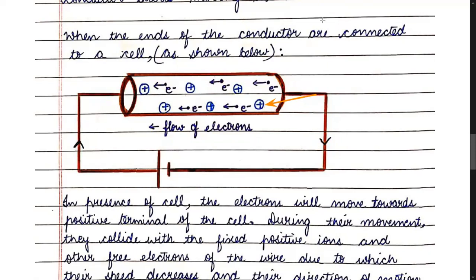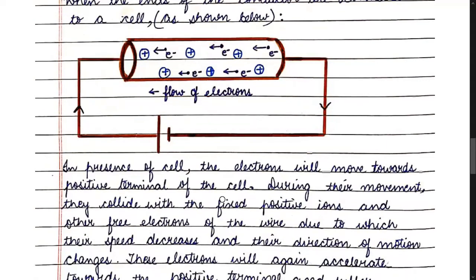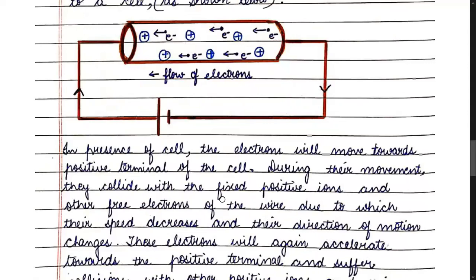They don't move from their place. They are at rest. Only the electrons are moving inside the conductor. And if this conductor is connected with a cell or a battery, then all the electrons are moving in one direction.